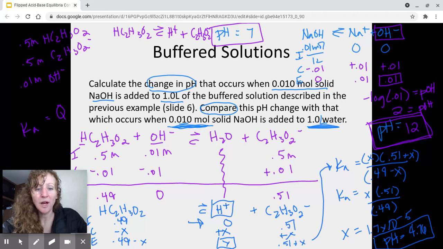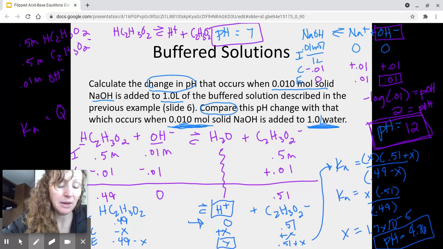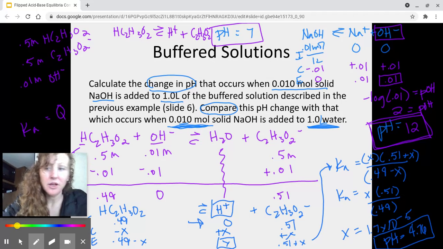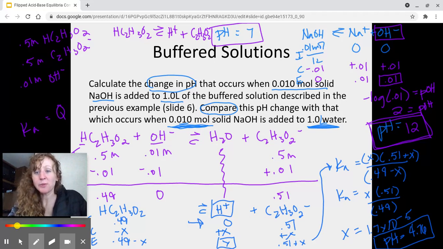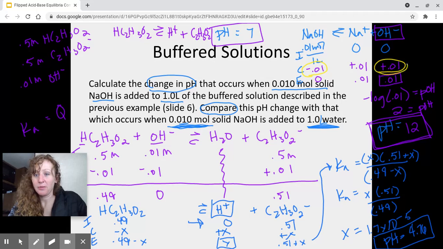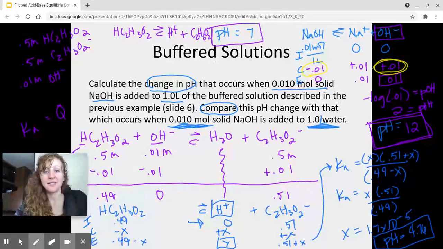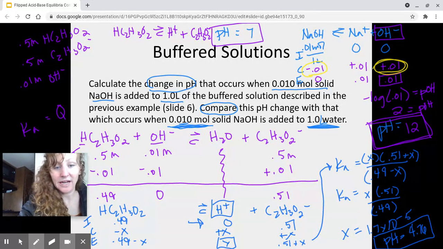Right? So what happened with my buffer that didn't happen with my base by itself? Okay, so notice that when my base was by itself, and it dissociated, all of it became hydroxide, right? Well, when that happened with my acetic acid and acetate ion, what actually occurred was not a buildup of hydroxide ion, which is what happened in water. Hydroxide ion just built up.